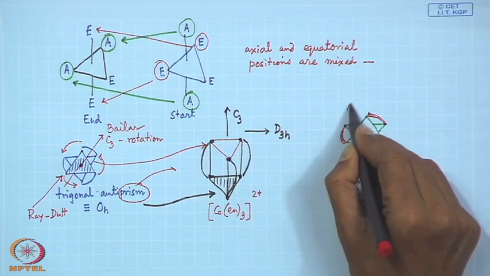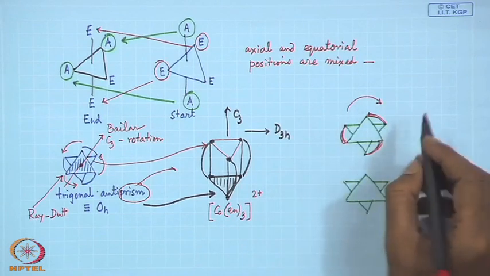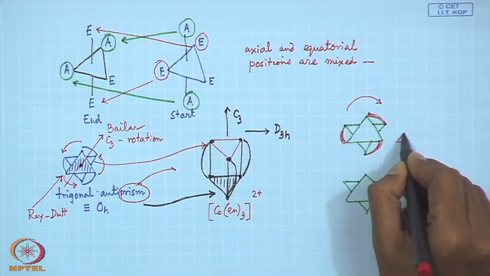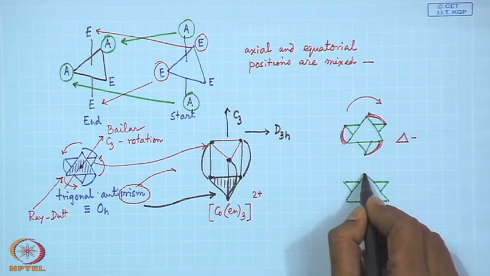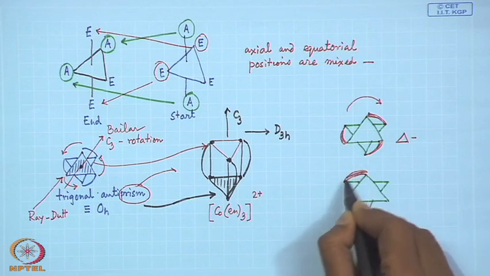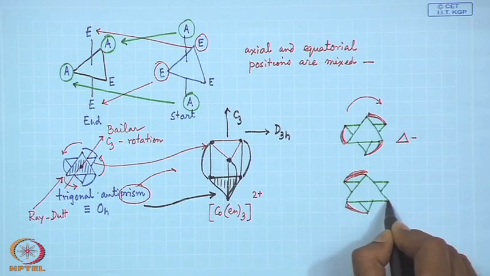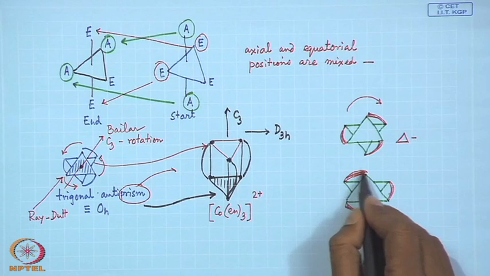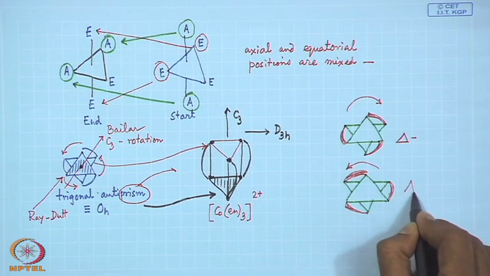So, if we move from the top face to the bottom, this is in the clockwise direction, so the isomer is the delta isomer. But if we go in the other direction from top to bottom, this is the top face, so this is in the other direction, that is the anti-clockwise direction, which is therefore the lambda isomer.